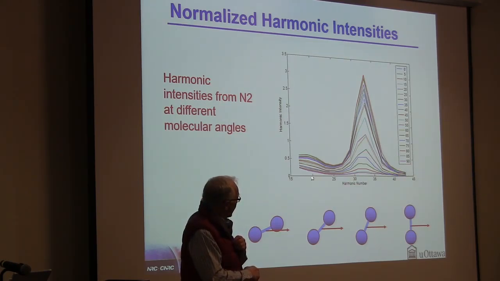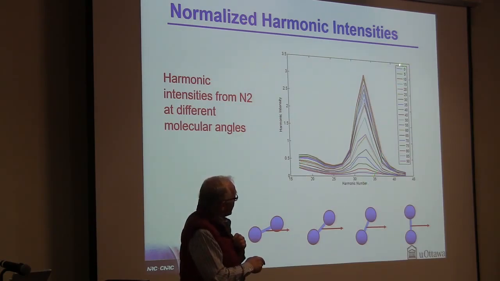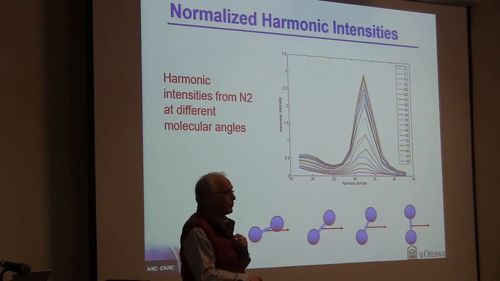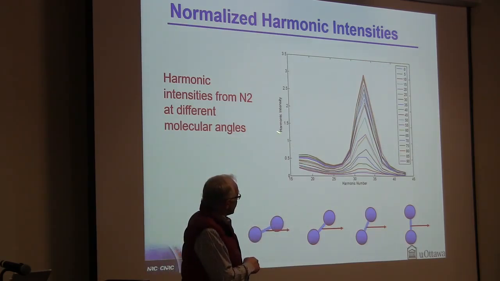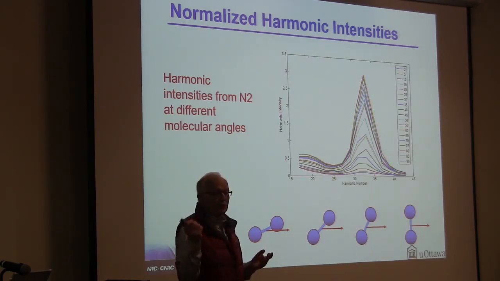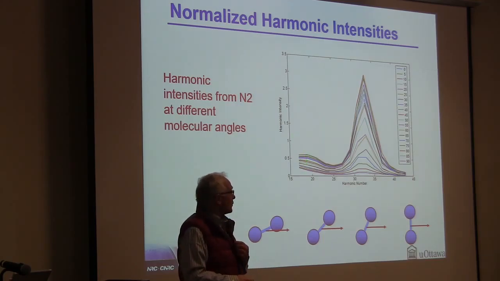In fact, it's up to harmonic 43, and it starts with harmonic 17. There are 19 different projections here. I'm sure you don't want to look at each one. I think the only thing to look at is the very different and unusual structure of this and how it changes as a function of angle. You see a minimum in this region, and you see peaks in other regions.